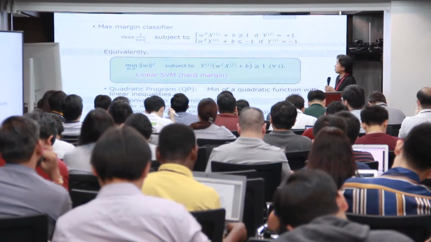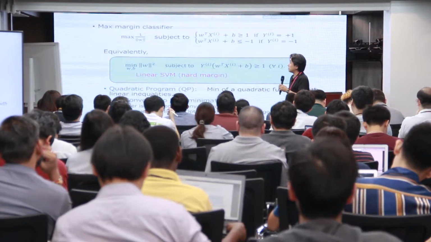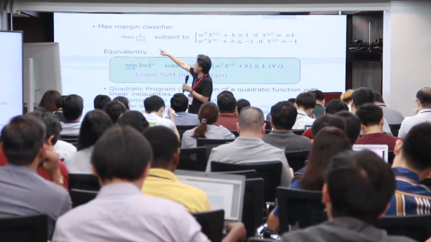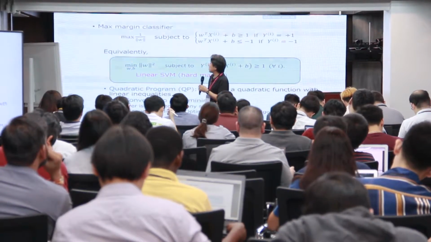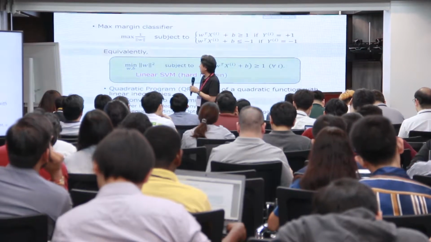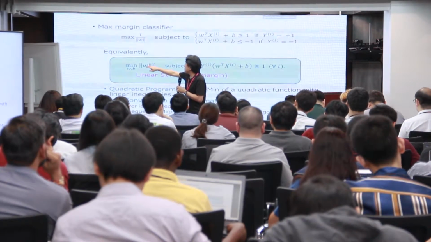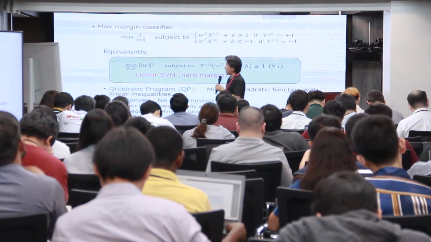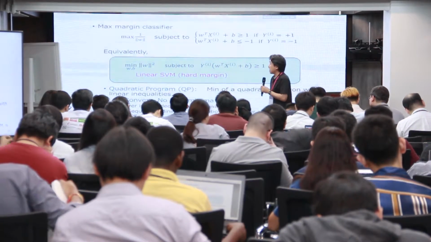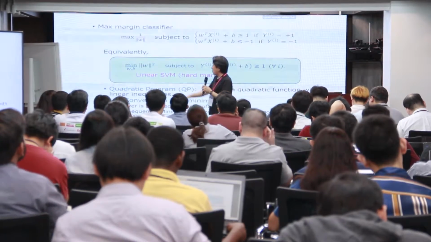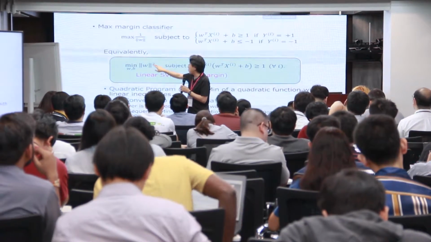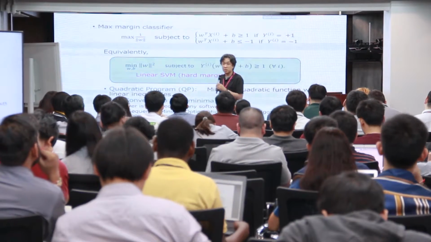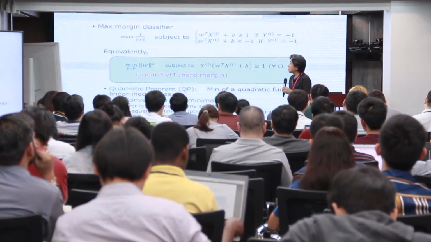Maximizing 1 over the norm of W is a little bit awkward, and perhaps minimizing the norm of W would be easier. And instead of the norm, if we take the square, this is a differentiable function, so it seems much easier.